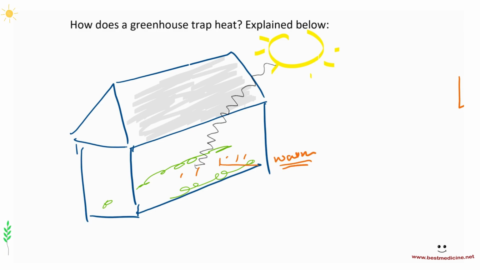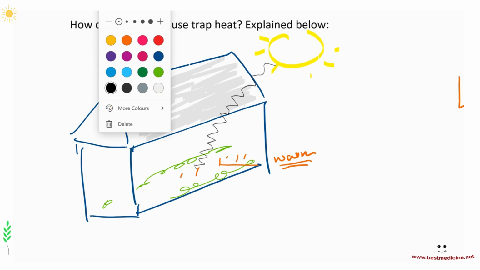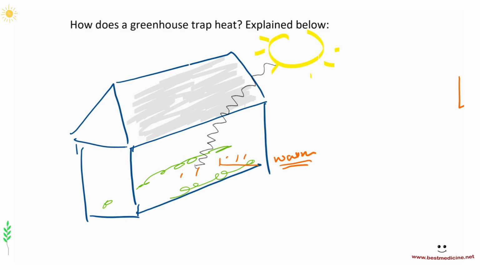And when it becomes warm, then it's going to try to lose that heat by emitting its own infrared radiation. But the radiation that the earth, the ground of the greenhouse, is going to emit is long wavelength, low energy infrared waves. These long wavelength radiations are blocked by the roof and the surroundings of the greenhouse.